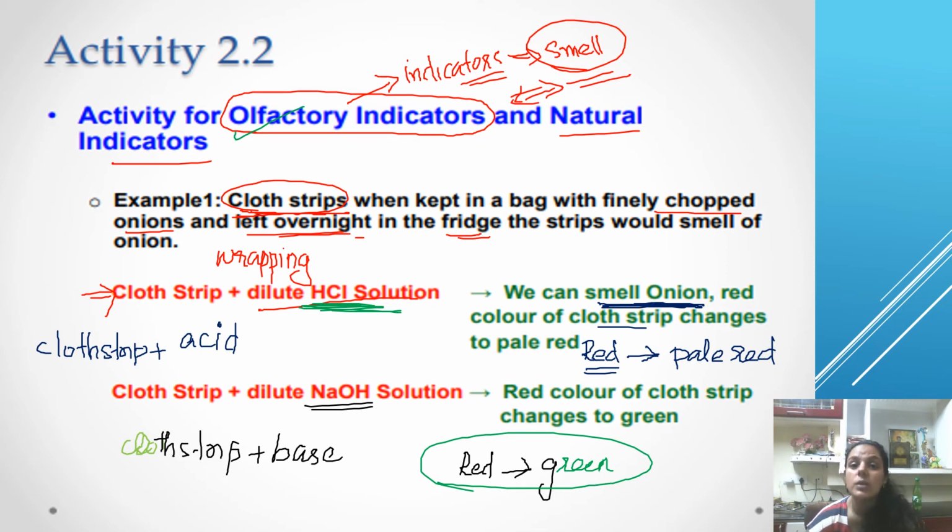From this inference, we can separate whether it is an acid or a base.